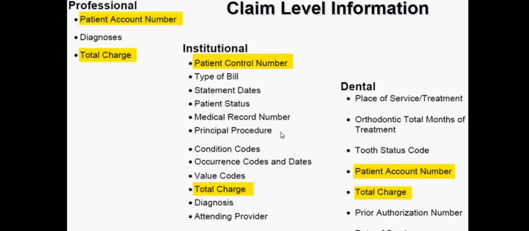Okay. The diagnosis, the ICD codes, the attending provider, who is the physician who has provided the service. So all this information will appear for institutional claims. And for the dental here, you see there's something specific to dental, right? Like for your teeth, for your orthodontics, so that kind of information.